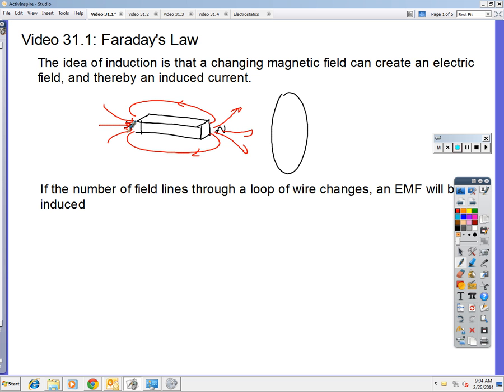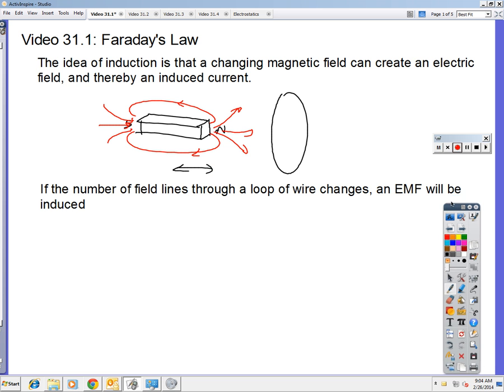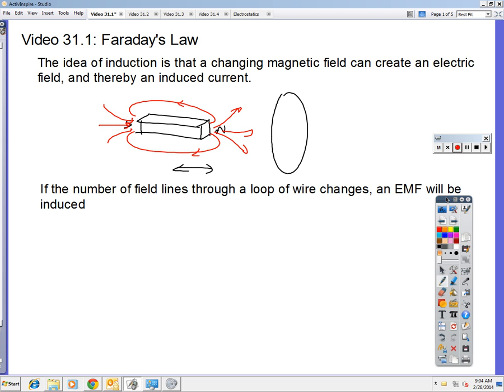If you move the magnet toward or away from the loop of wire, what we notice is that current flows around the wire. And the way that's typically explained is that if the number of field lines through that loop changes, an EMF will be induced. And remember, number of field lines through the loop, that is the magnetic flux.